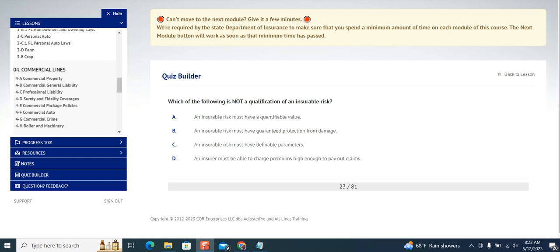We back. Alright, which of the following is not a qualification of an insurable risk? Oh, insurable risk, not a qualification. What is an insurable risk?